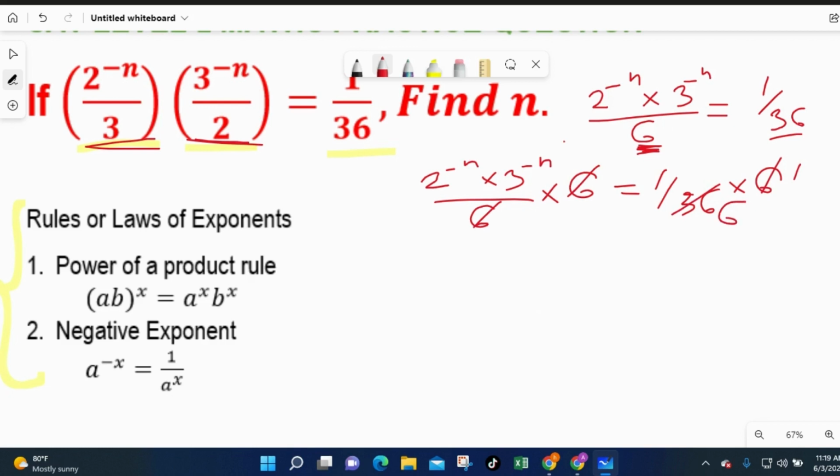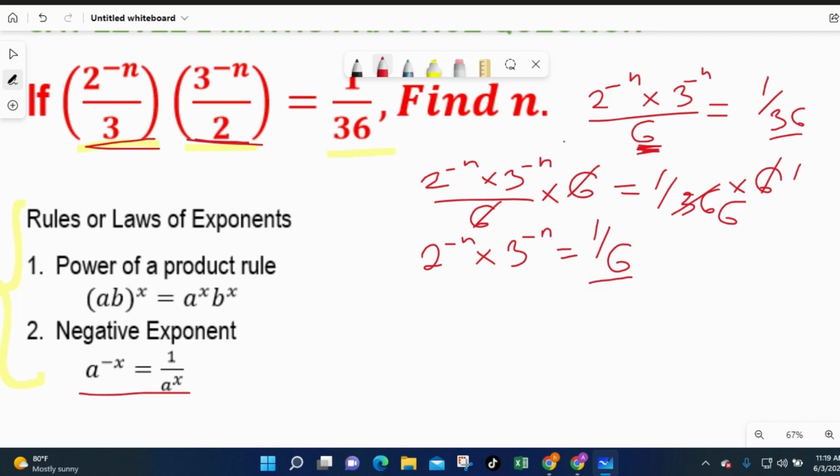Very good. So we are going to have 2 raised to power minus n multiplying 3 raised to power minus n, and that will be equal to 1 over what? 6. We'll finally simplify this denominator. Now let's apply the negative exponent rule, this rule, in simplifying this value.